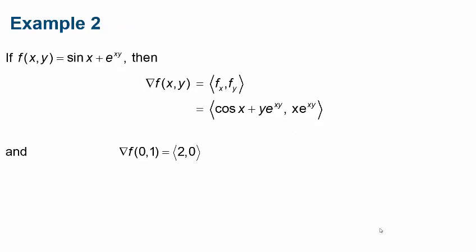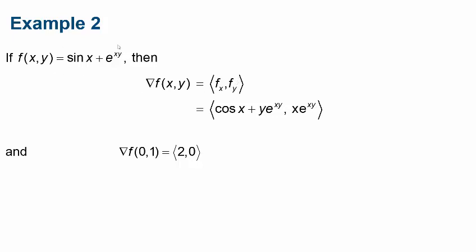All right, let's just do an example real quick. Let's take f of x, y, which is sine of x plus e to the xy, and find its gradient vector. Then let's evaluate the gradient vector at the point (0, 1). So del f is the partial derivative with respect to x, comma, the partial derivative with respect to y.